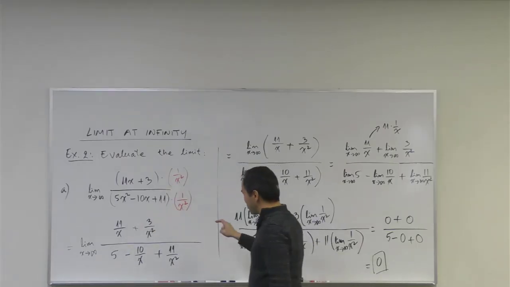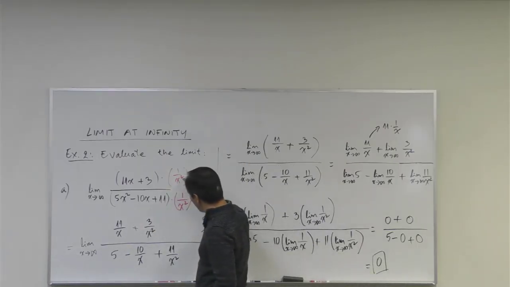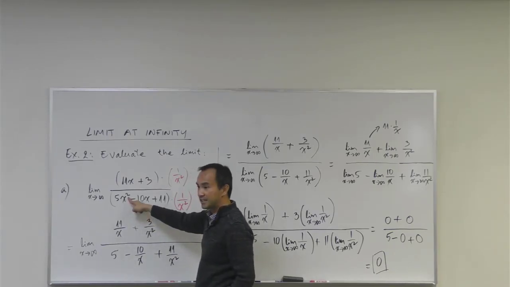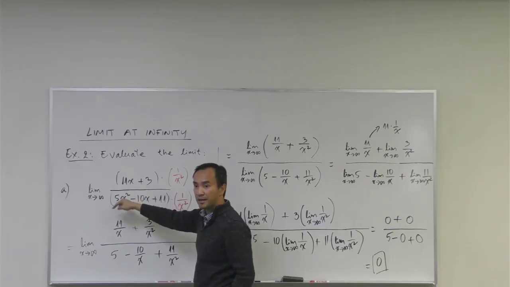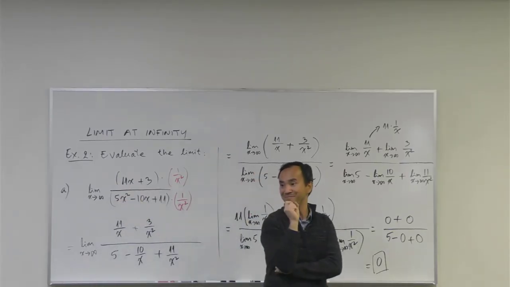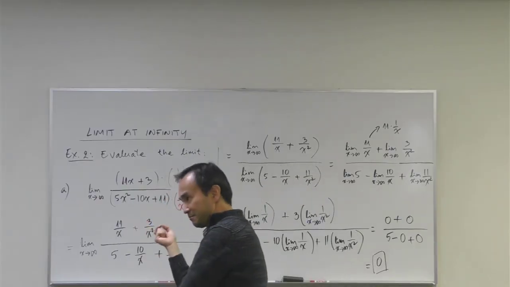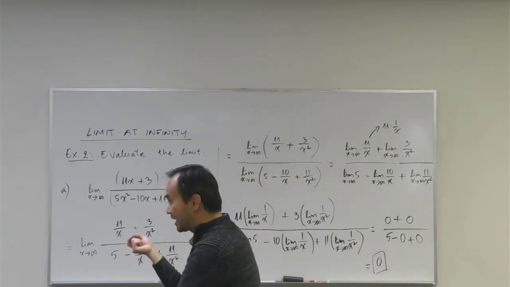But then what made me decide to go with 1 over x squared? Simply because x squared is the highest power in my denominator. I recognize that the highest power in my denominator is the x squared.